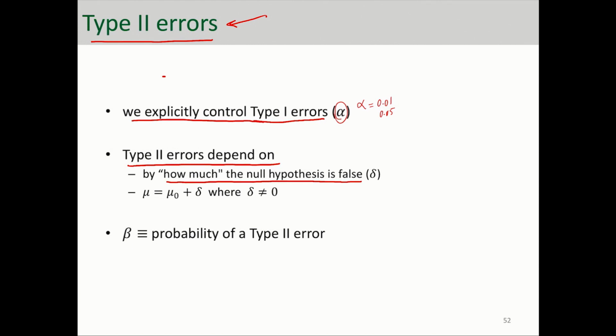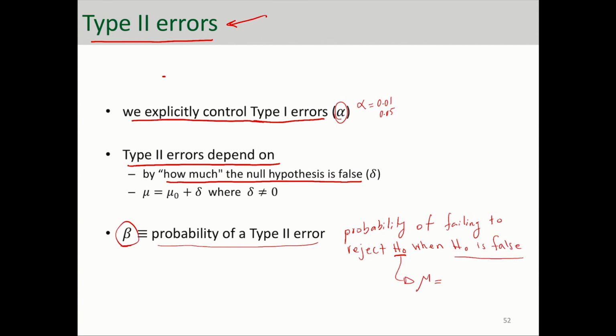Because let me remind you, beta, probability of type 2 error, is probability of failing to reject H naught when H naught is false. The null hypothesis test on the mean is mu equals to some value that we call mu naught.